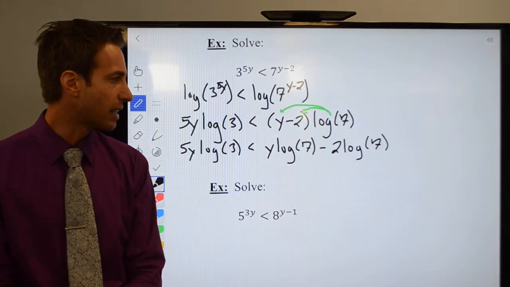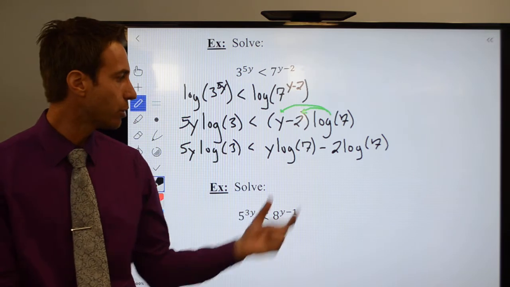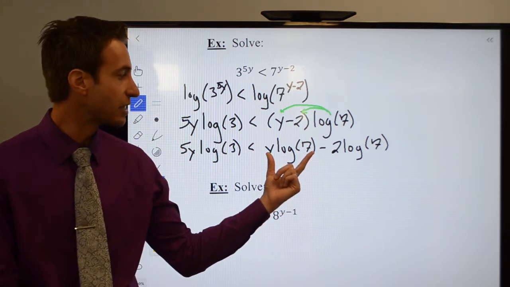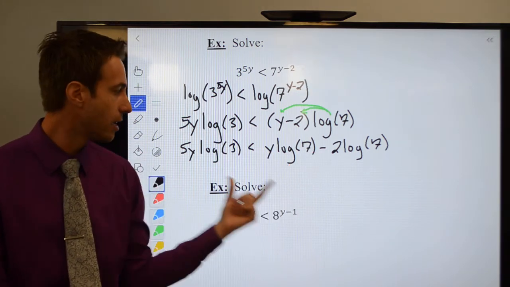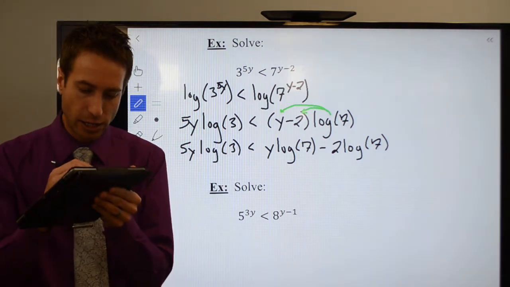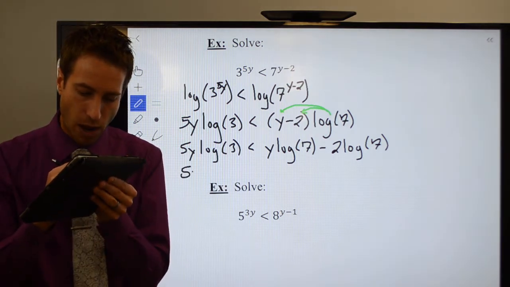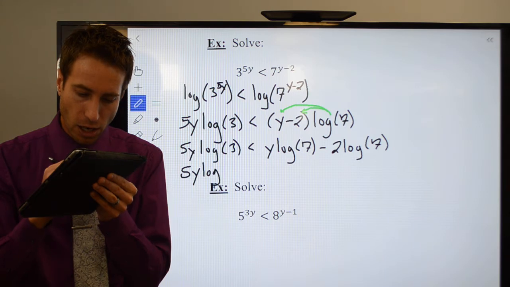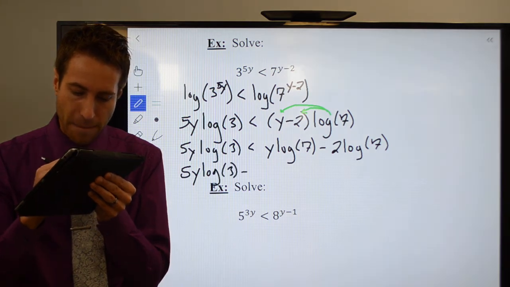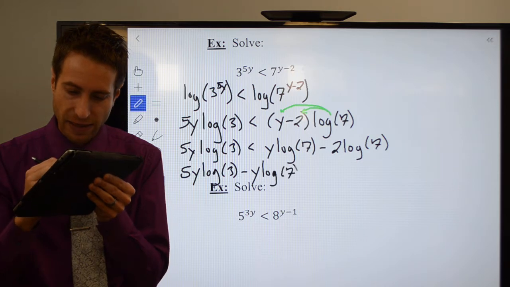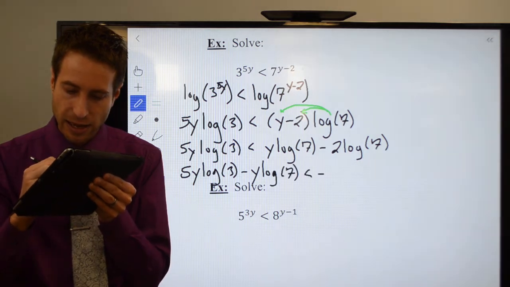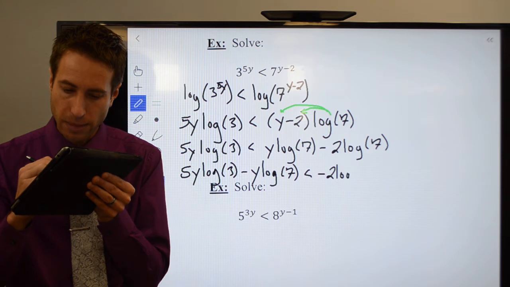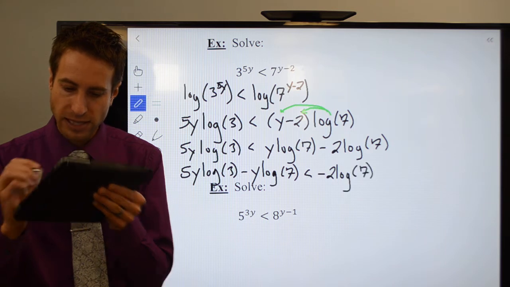I think the easiest way is to subtract this y common log of 7 to the other side. So I will then have 5y common log of 3 minus y common log of 7 is less than negative 2 common log of 7.